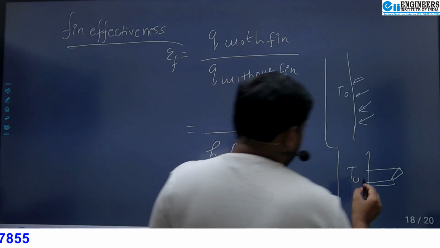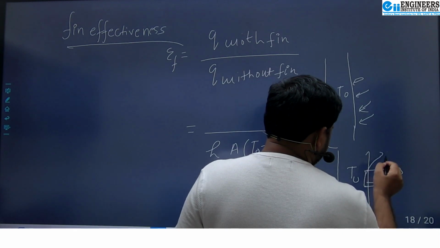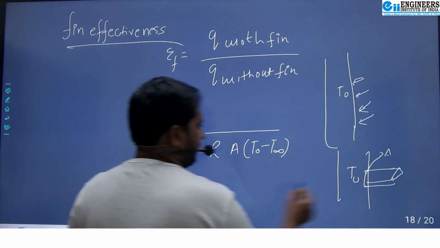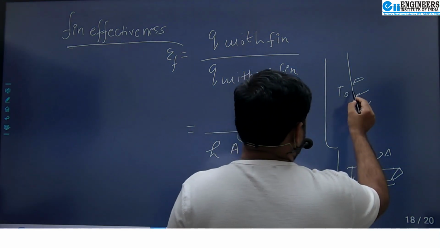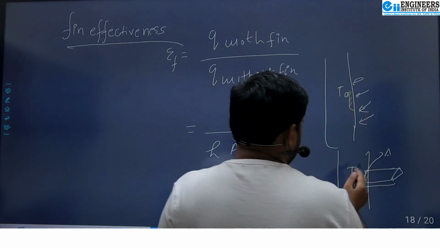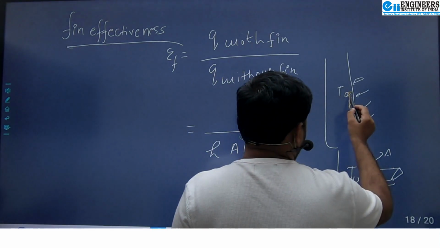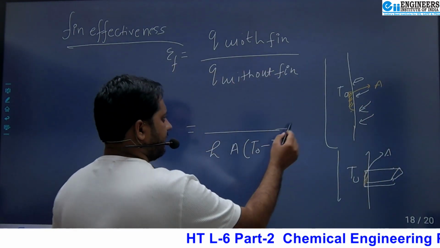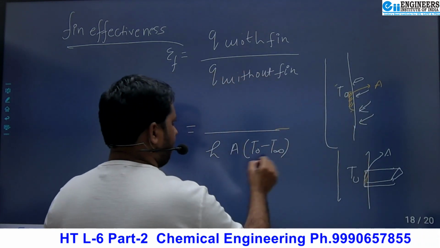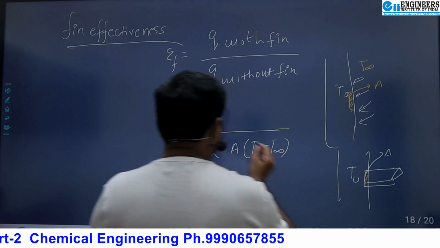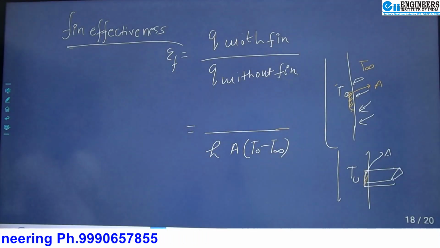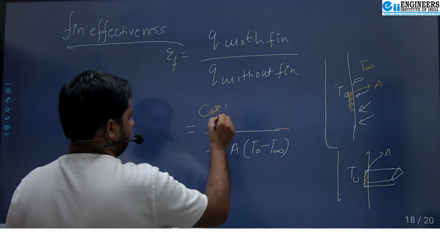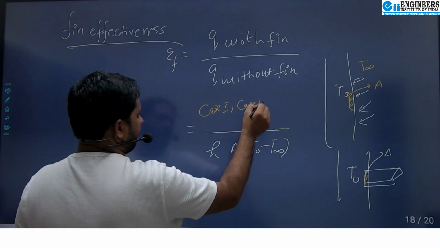If the cross-sectional area is like this, A, and the fin is not attached, this area is exposed to the air, and the base temperature is T0, the driving force is T0 minus T infinity for the outside air. Without fin the heat loss is this, but with fin it depends upon case 1, 2 or 3.